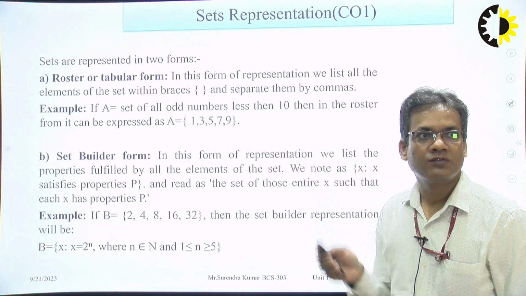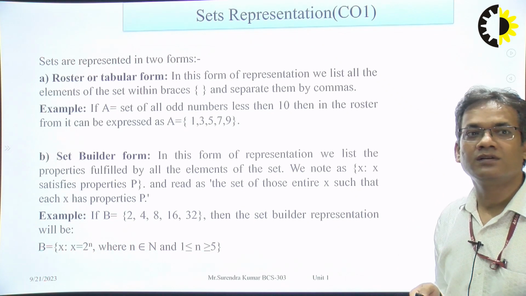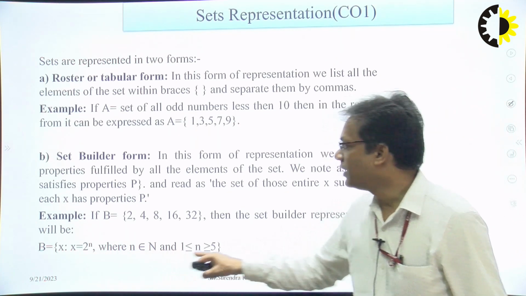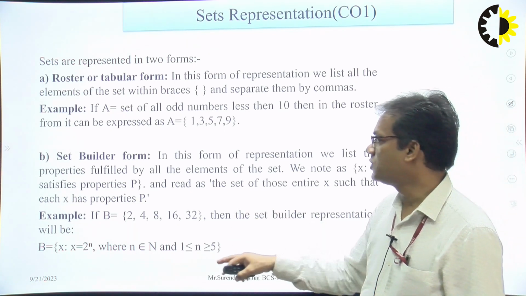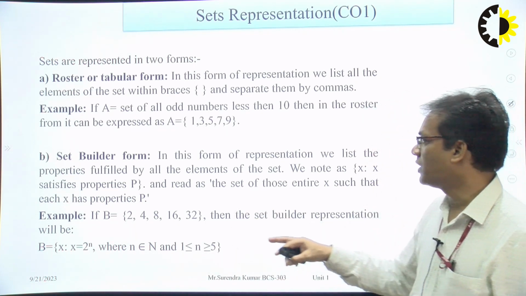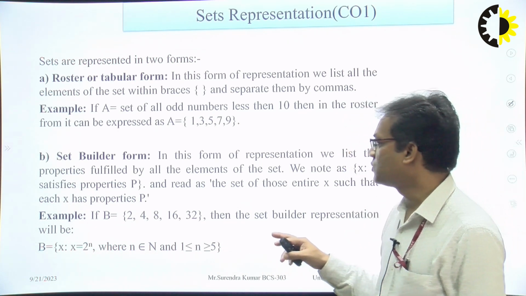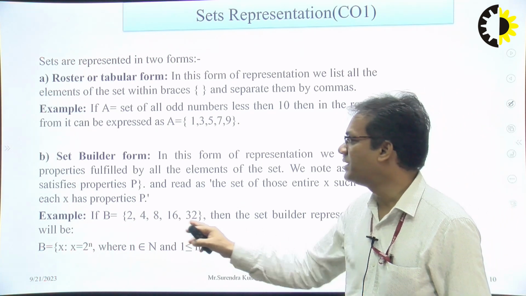This is your roster form, and set builder form represents a common criteria for those particular numbers. For example, if we have a set B, that is 2, 4, 8, 16, 32, these elements have some relation.